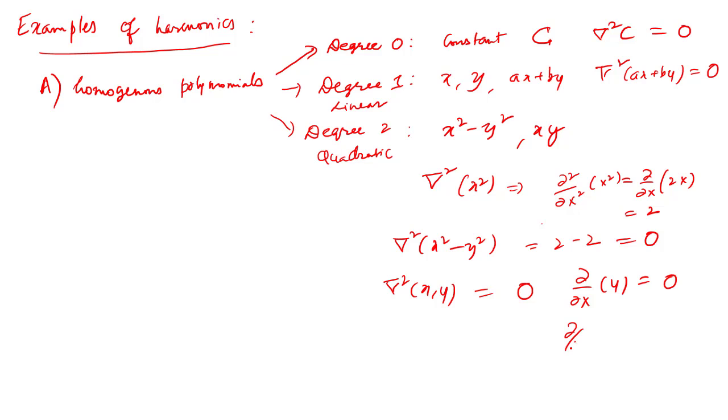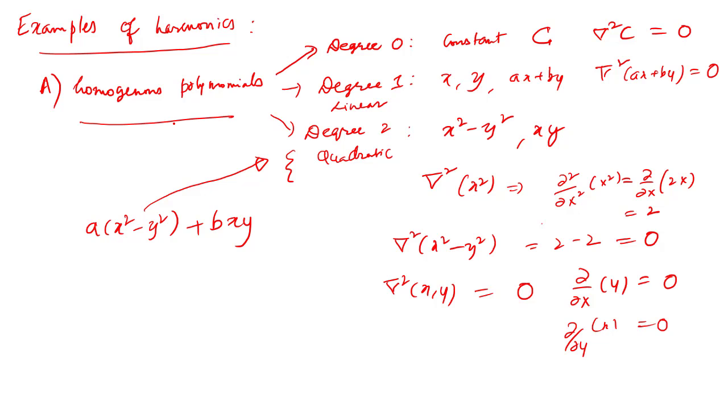And similarly, dou by dou y of x would also be 0. So in general, any quadratic solution to the Laplace equation, you can simply write as a times x squared minus y squared plus b times xy. So this would be a general quadratic solution to Laplace's equation, right?